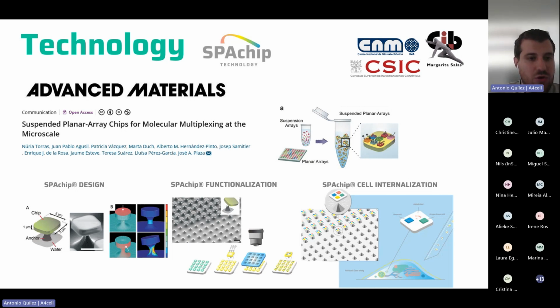We have very tight control of the size and shape of these structures, and these mushroom-like structures allow us to print and functionalize the surface of the silicon with different kinds of sensors, of fluorescent probes that we can covalently attach, and once we have completed the procedure, we simply peel them off the surface of the silicon and put them in a test tube that is ready to be diluted in the cell culture medium to give it to the cells.